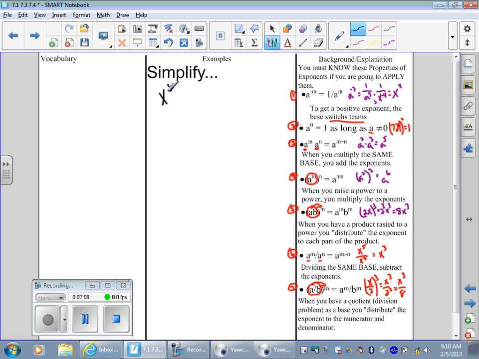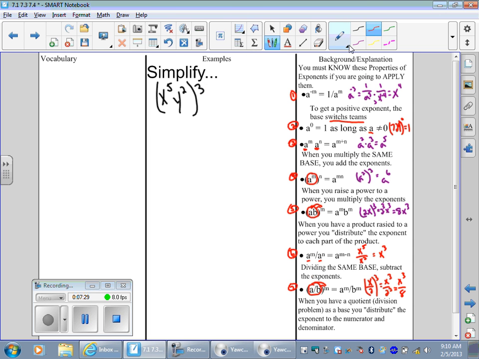x to the fifth y squared, and I wanted you to cube that. That's kind of hard to tell. Let me clean that up a little bit. All right, what if I wanted you to cube that? Now, which property is being applied here?